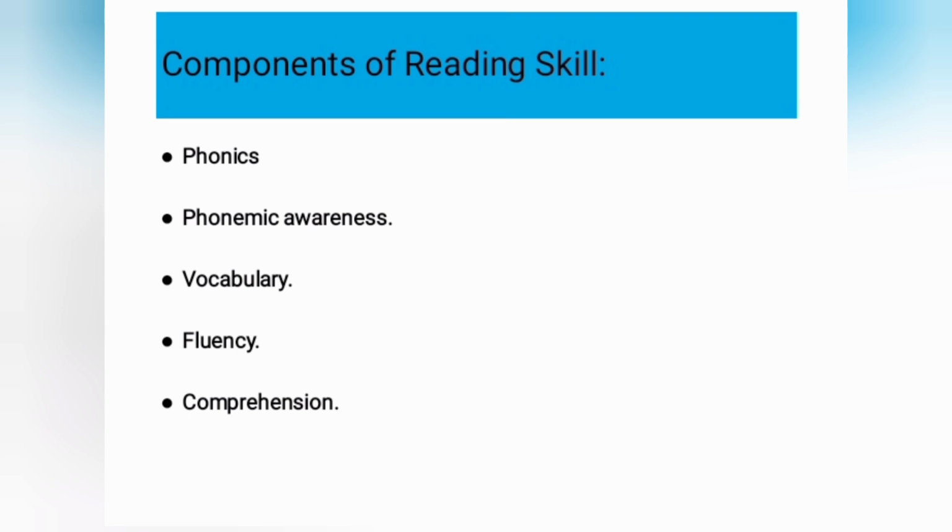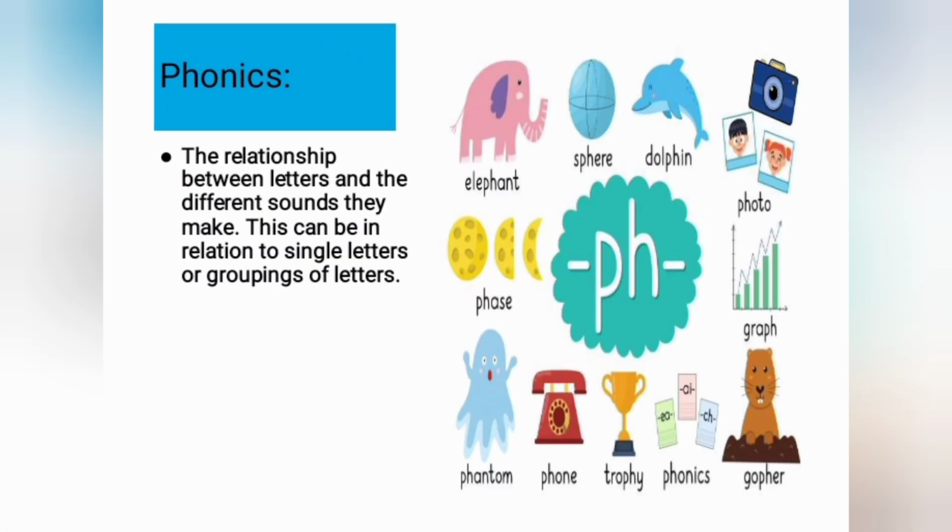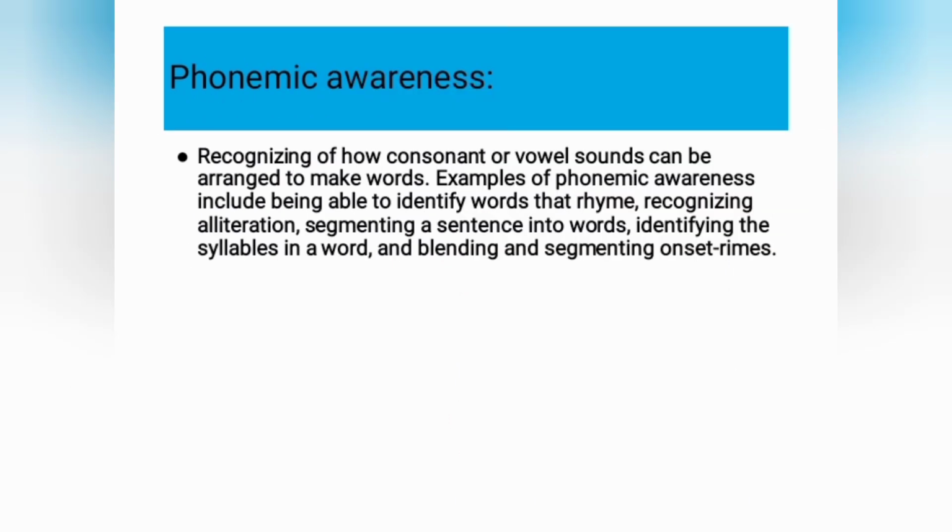What is phonics? The relationship between letters and the different sounds they make is known as phonics. This can be in relation to single letters or groupings of letters. Phonemic awareness: recognizing how consonant or vowel sounds can be arranged to make words.